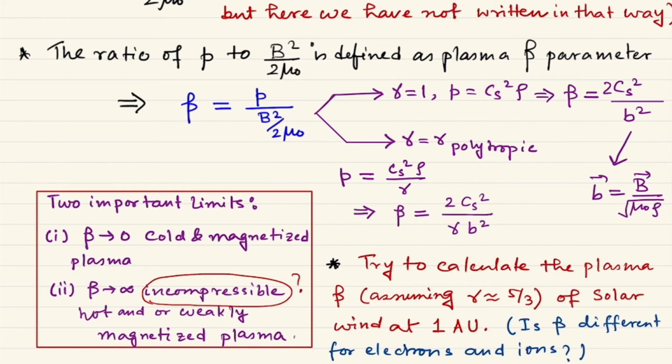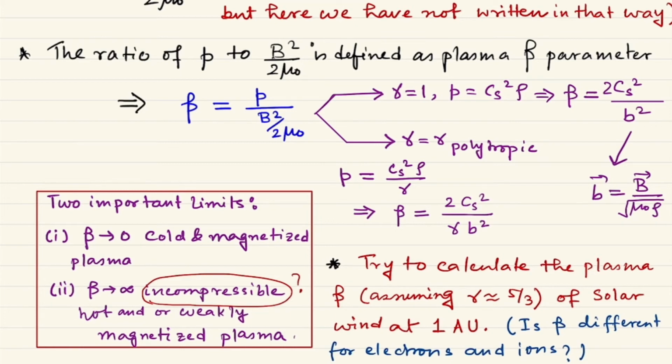For that I suggest you search over the internet for the typical values of different physical quantities, so that you can calculate Cs square. You have some idea about the magnetic field of solar wind at 1 astronomical unit, and then you calculate both for ions and electrons and check which one is larger.